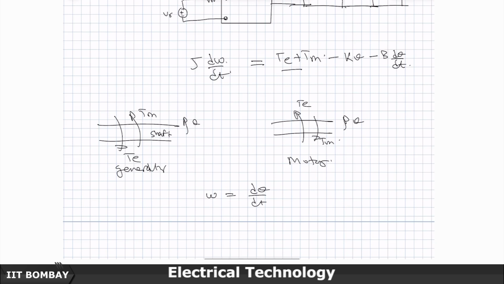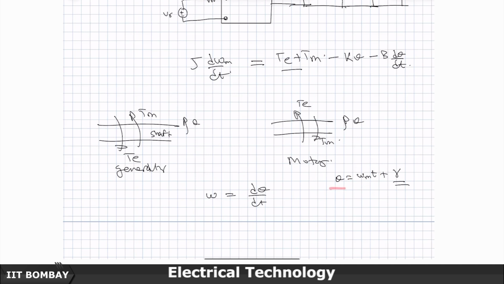Actually I will write it as omega m, the speed of rotation of the motor. Now theta is going to be omega m t plus, let us say, some gamma, where gamma is the original angle between the rotor axis and the stator axis, and now the rotor is rotating at a speed omega m.